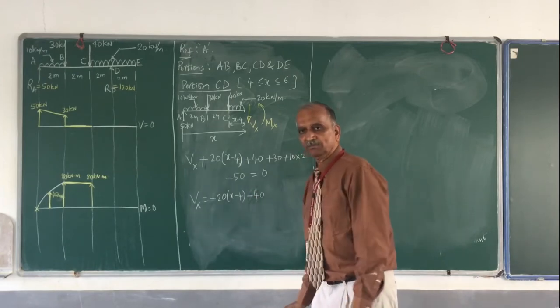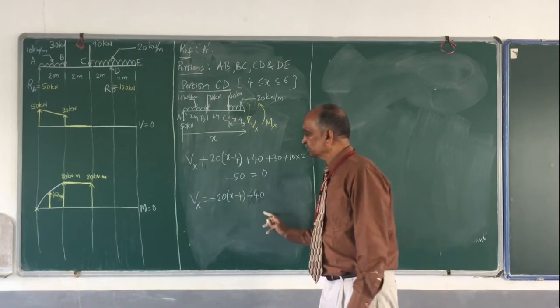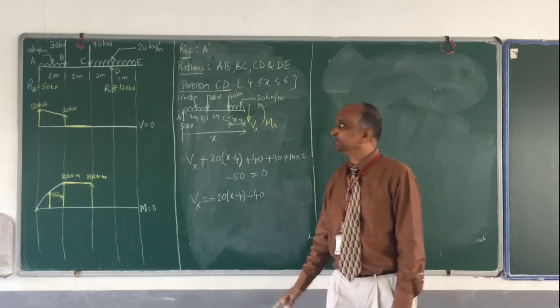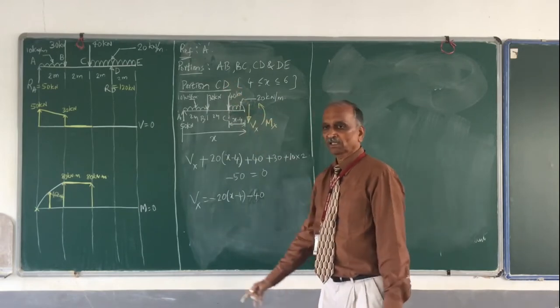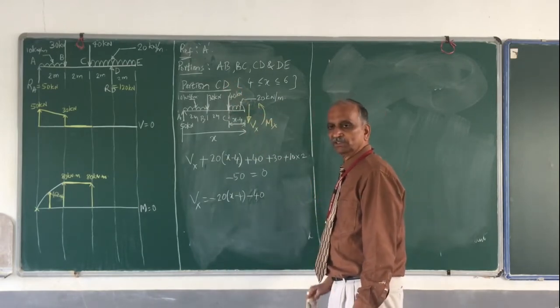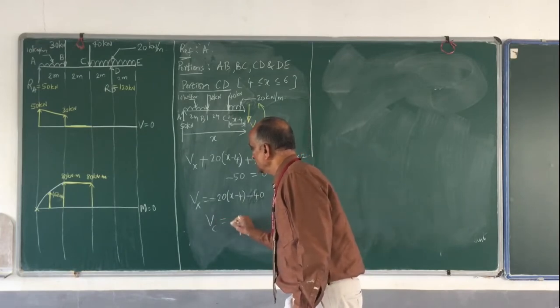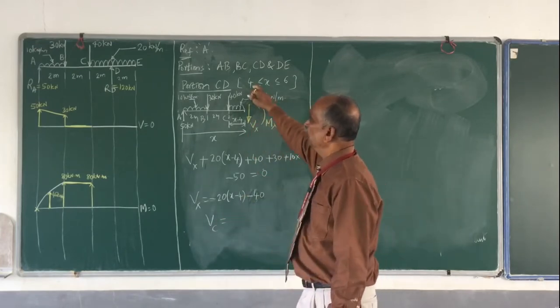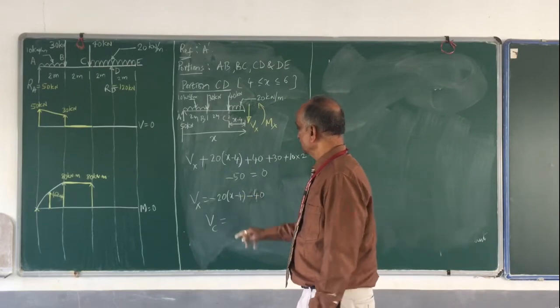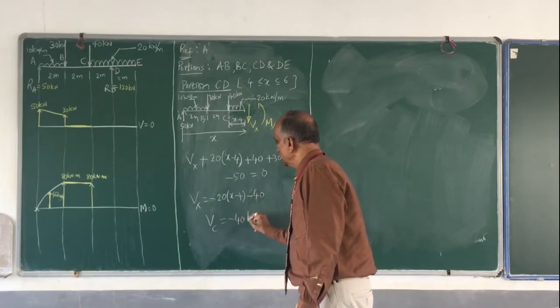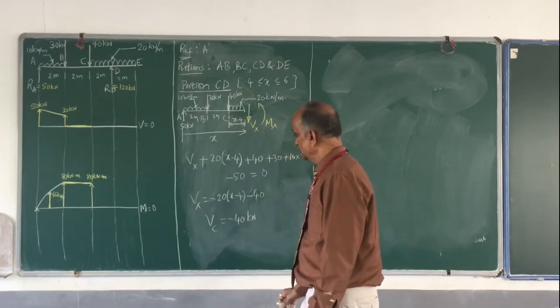So shear force is not constant. Shear force varies between C and D, and the variation is a straight line because of x. Shear force at C: substitute x is equal to 4. So 4 minus 4, 0, it is minus 40. Shear force at C is minus 40 kilonewton.